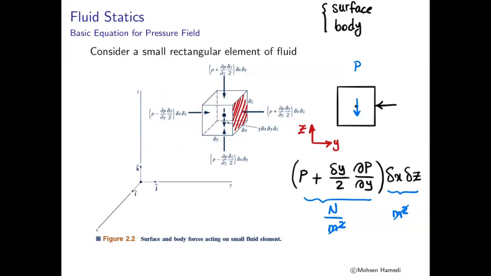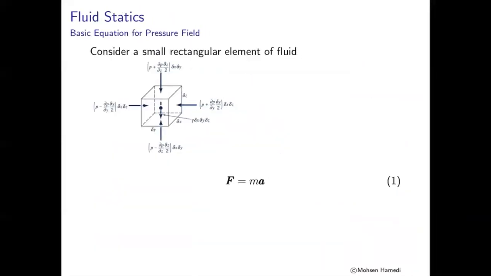So then we can write Newton's second law for this element. And if we write Newton's second law, here the force is a vector which has three different components in X direction, Y direction, and Z direction.